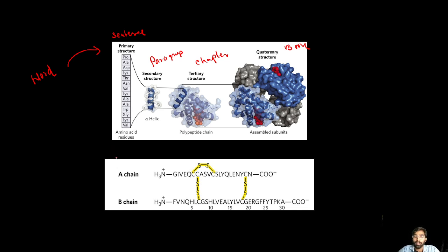The main responsible bond for the primary structure, or only for the sequence, or only for making a peptide, that is the peptide bond. The peptide bond is, of course, a covalent bond.